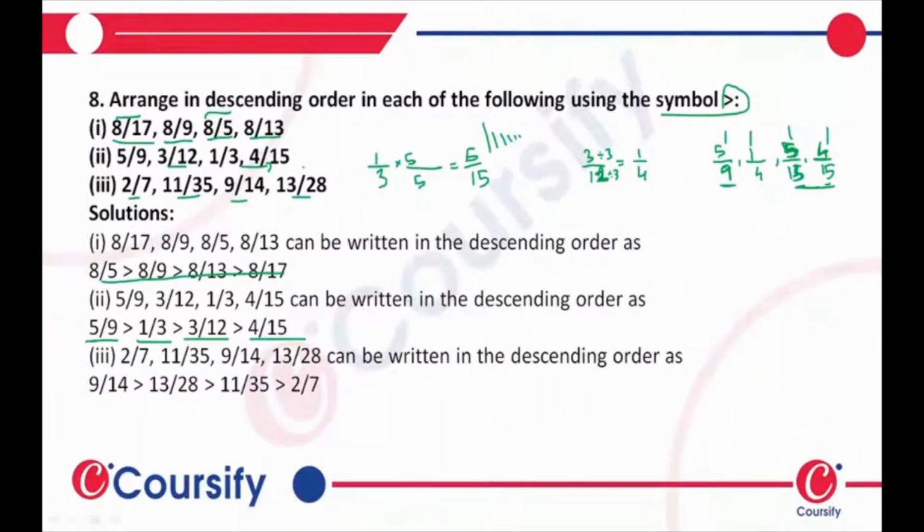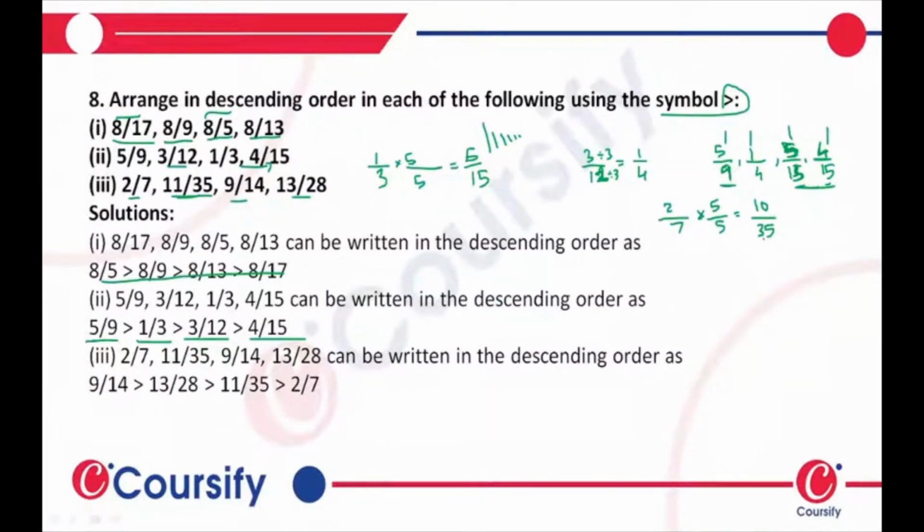So 2 by 7 can be written as 2 by 7 into 5 by 5, that is equal to 10 by 35. Now comparing 10 by 35 and 11 by 35, we get that 11 by 35 is the biggest one among those. And then we have 9 by 14 and 13 by 28.